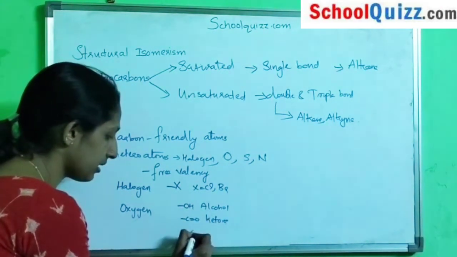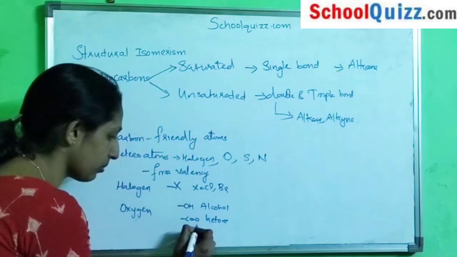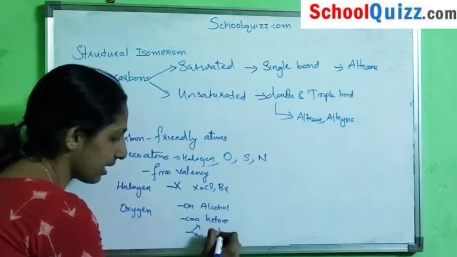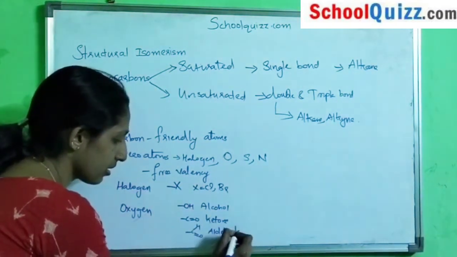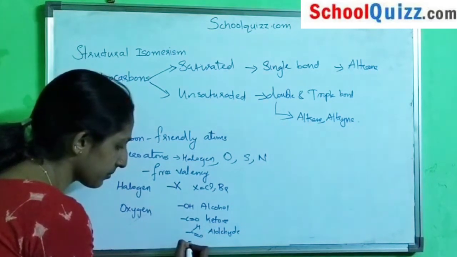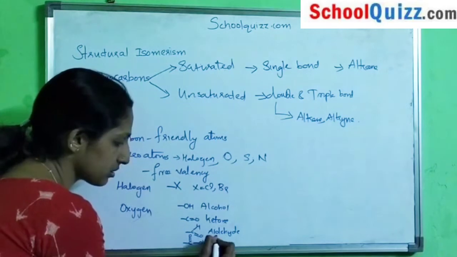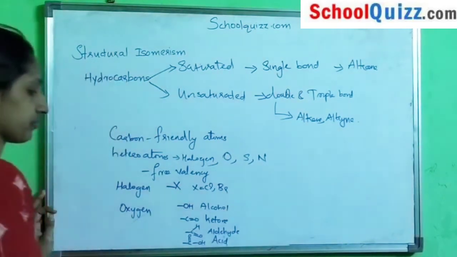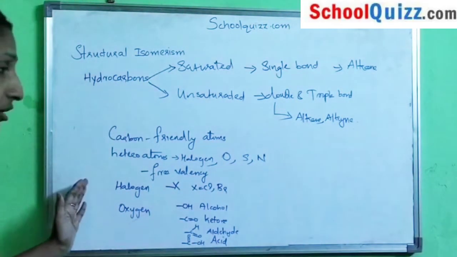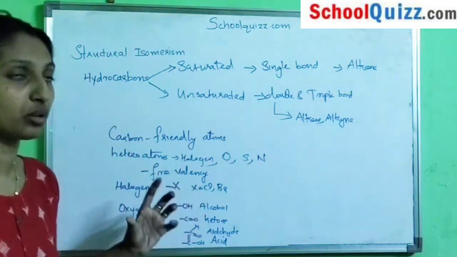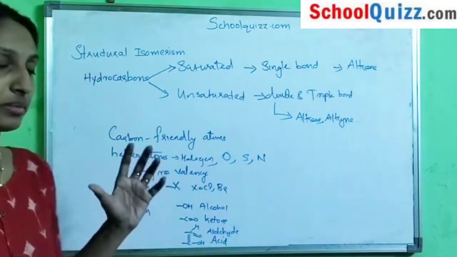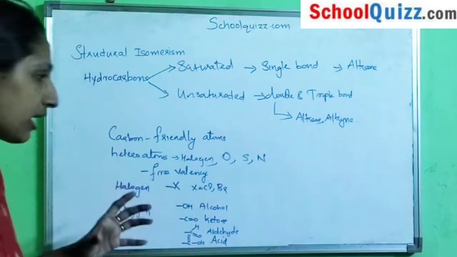If it contains a CHO group, it is called an aldehyde. And if it contains a C double bond O with an OH, it is called an acid. So these are the main functional groups of heteroatoms present in organic compounds which must be studied for writing an organic compound.